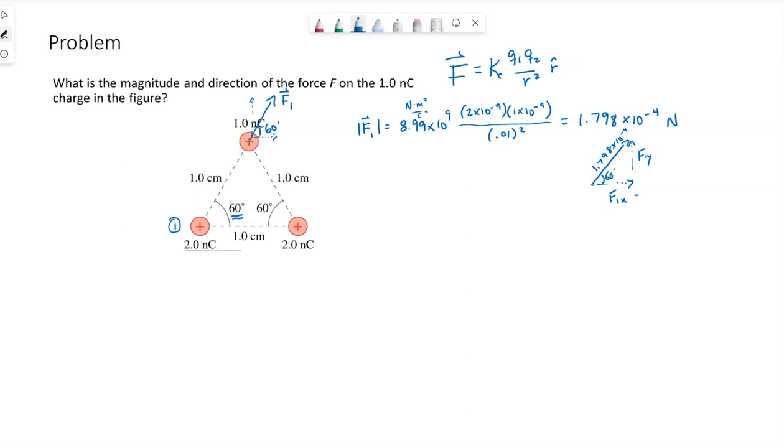Okay, so the X component will be this magnitude times the cosine of 60. The Y component will be the magnitude times the sine of 60. I'll do that in a minute.